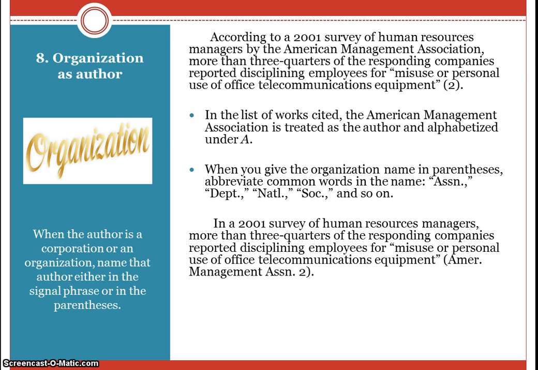In the above example to the right, in the list of works cited, the American Management Association is treated as the author and alphabetized under A. When you give the organization's name in parentheses, abbreviate common words in the name: ASSN for association, DEP for department, NATL for national, and SOC for social, and so on.